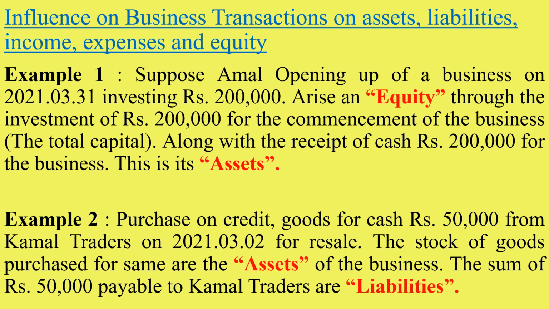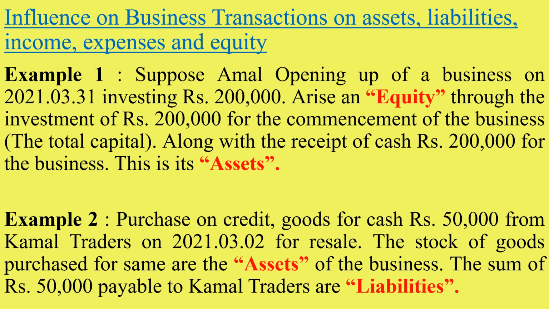Credit means we are paying on a later date. Goods worth 50,000 are purchased from Kamal Traders on 2nd of March 2021 for resale. The stock of goods purchased are assets to the business. However, whether by credit or cash, when we purchase goods, they become assets for the business.